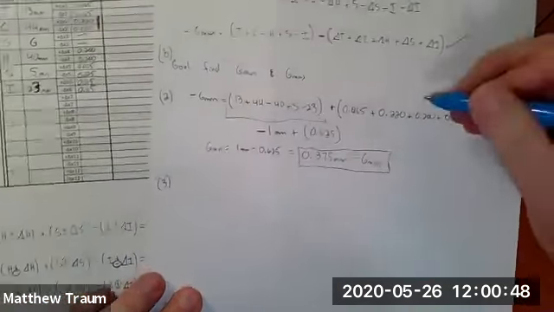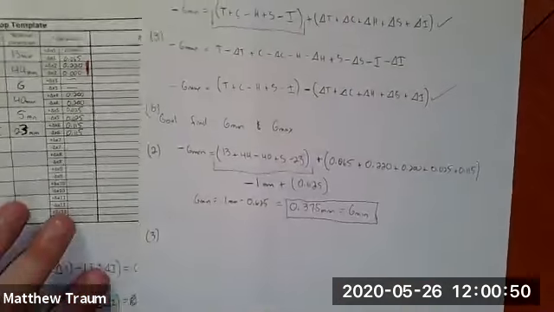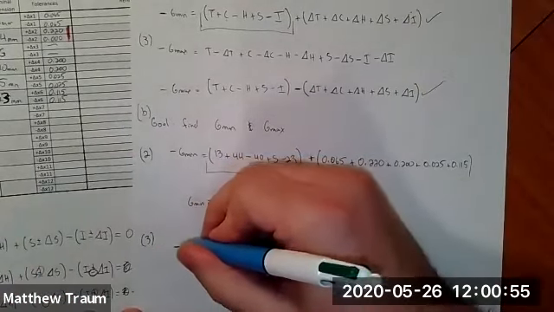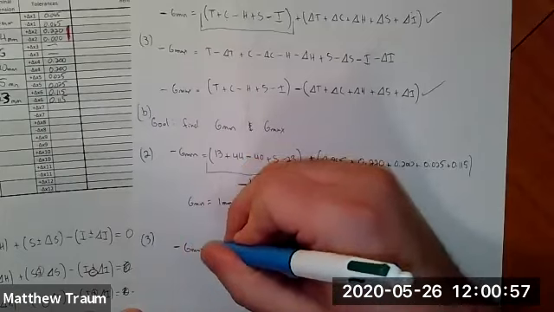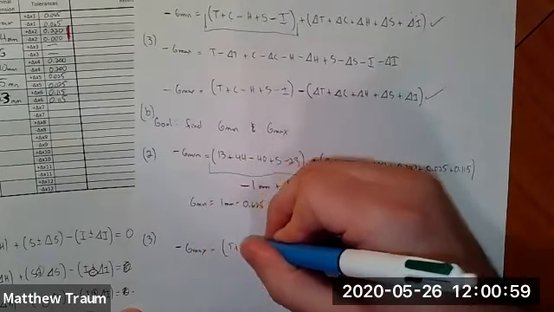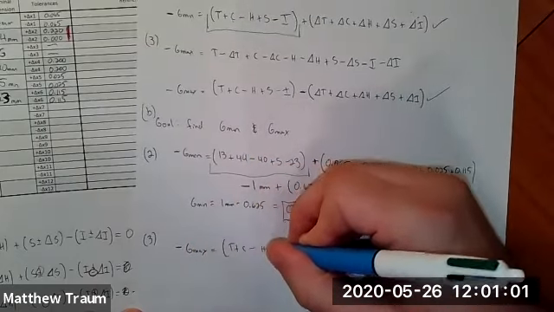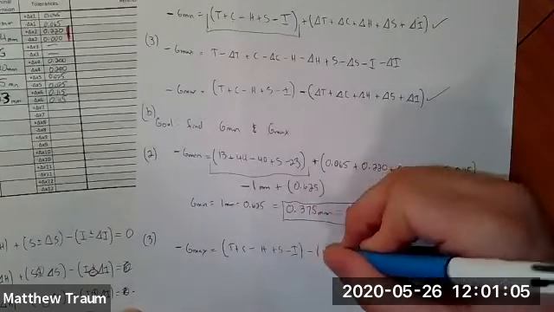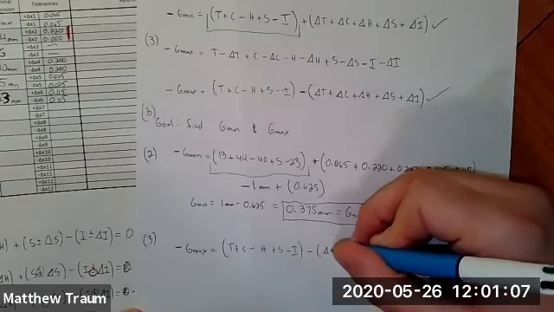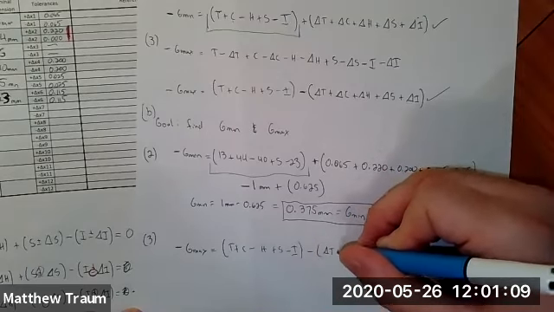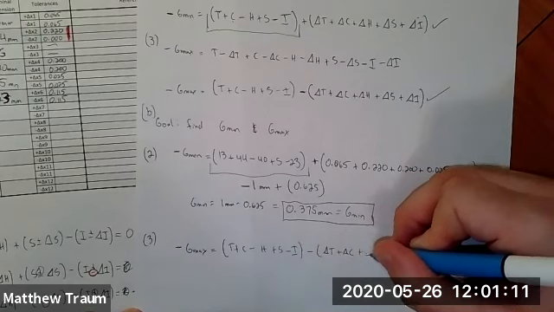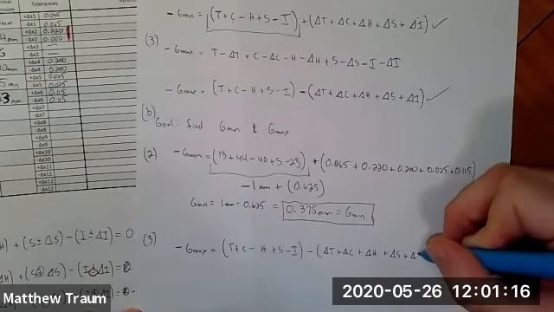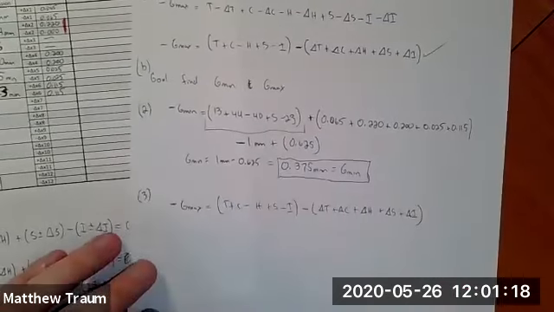So equation 3, recall from up here, is minus Gmax is equal to T plus C minus H plus S minus I, and now minus delta T plus delta C, delta H, delta S, delta I. I'm just copying it again, and let's put in the numbers.